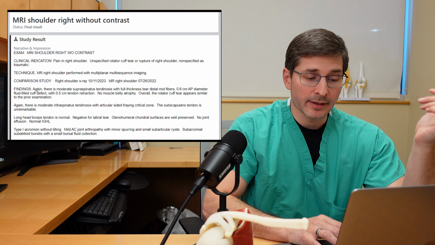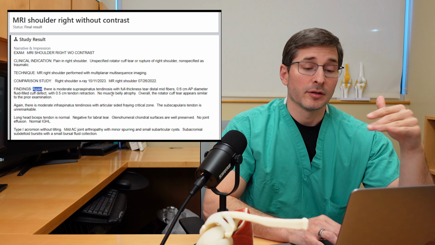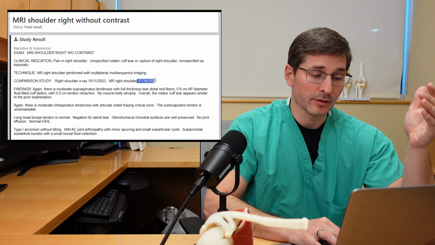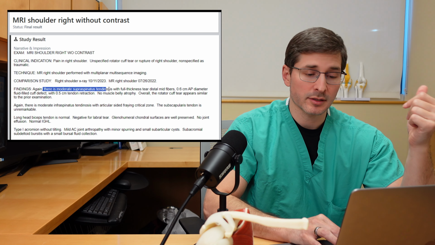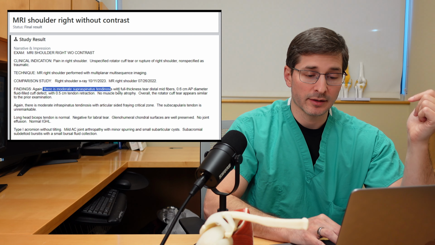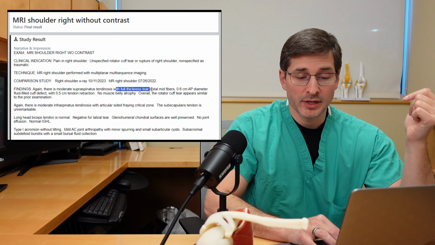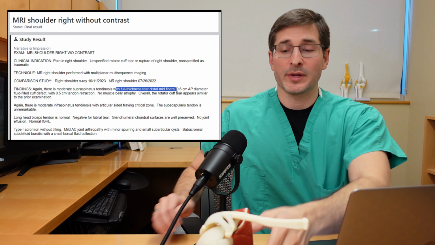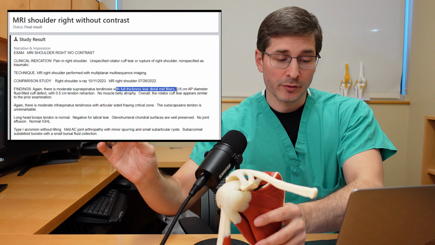So moving along to the findings. They say again, which they're referring to probably, they even saw this on the previous shoulder MRI scan from July 2022. So again, there is moderate supraspinatus tendinosis, wear and tear of the tendon, if you will, with full thickness tear of the distal mid fibers. So the supraspinatus is one of the rotator cuff tendons, and they're being real specific where they're describing it.